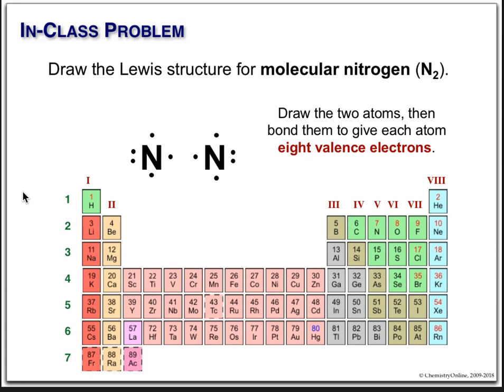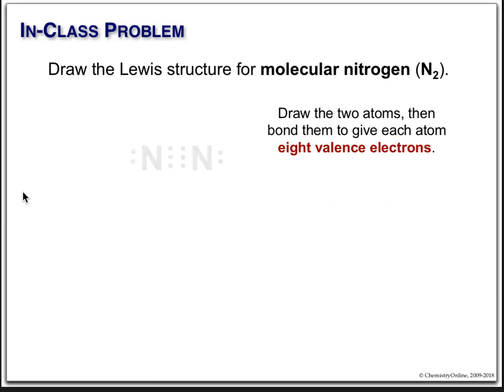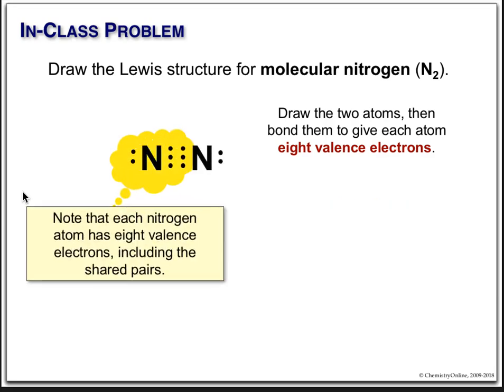Now what do we have? 1, 2, 3, 4, 5, 6, 7, 8 around this guy. 1, 2, 3, 4, 5, 6, 7, 8 around this guy. Eight electrons around this nitrogen, 8 electrons around this nitrogen.